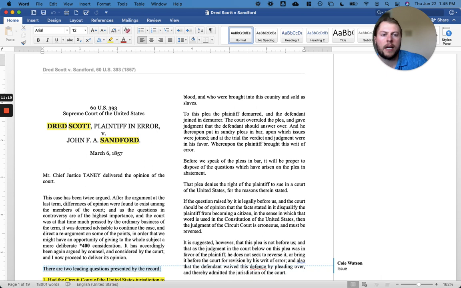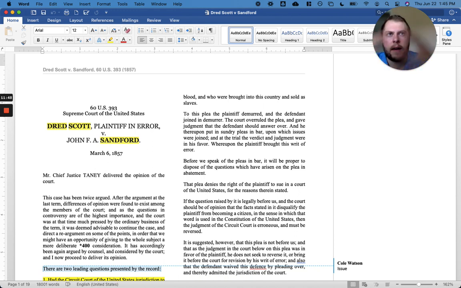His name is actually Sandford, and the clerk, when the case was admitted to the court, basically threw in a D. So typos are important. They could, in fact, go down in history. So just word to the wise for the writers out there, how important it is to proofread the work. So moving back on, Dred Scott. So he basically bounces around from several different owners.